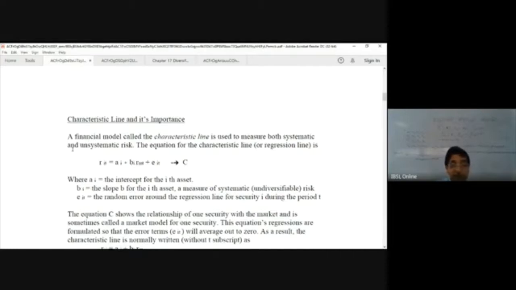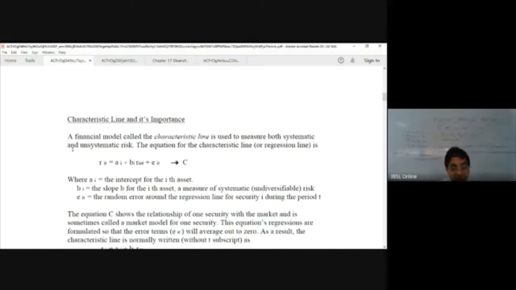The equation for the characteristic line, or sometimes we call it the regression line, gives the value for RIT. RIT is the return of an asset at time t. AI is the intercept for the ith asset.